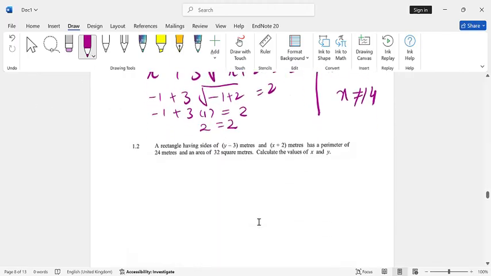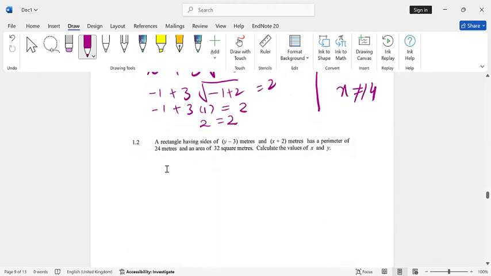We have a question about 1.2. A rectangle having sides of y minus 3 meters and x plus 2 meters has a perimeter of 24 meters and an area of 32 square meters. Calculate the value of x and y. We have a rectangle like that, okay?